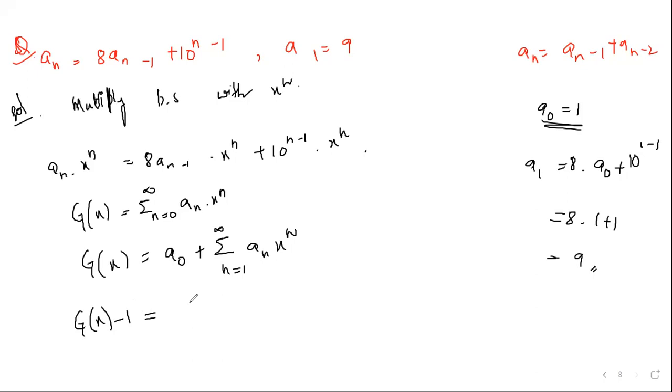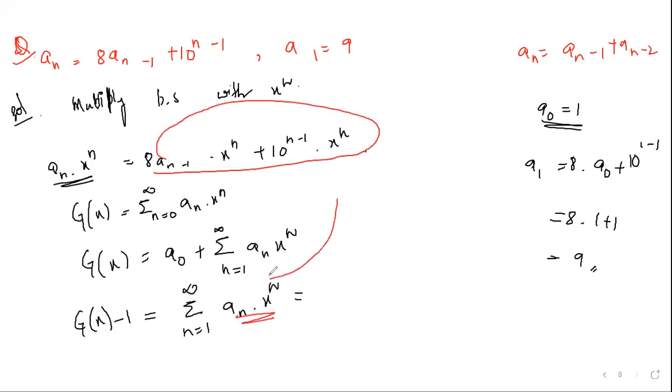G(x) minus 1 is equal to the sum from n equal to 1 to infinity of a_n x^n. Now a_n x^n is given as the following, so substitute this value. So the sum from n equal to 1 to infinity of 8a_(n-1) x^n plus 10^(n-1) x^n.